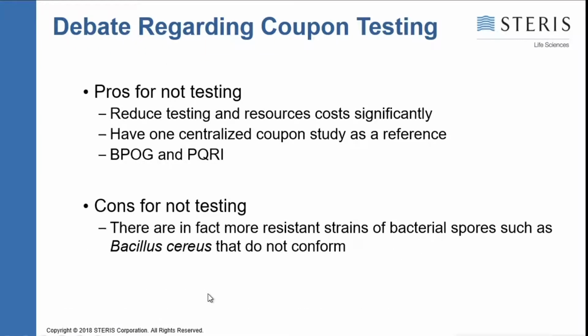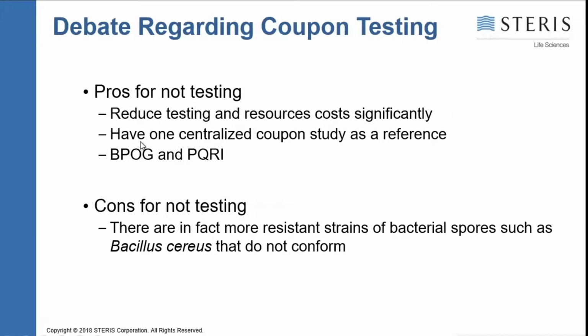So one of the key questions out there in the industry today is the debate on whether or not to do the coupon testing. Some of the pros for not testing would be that companies, pharma, biotech, and medical device, want to reduce the testing because it's very costly and it also requires a big resource allocation to conduct it.